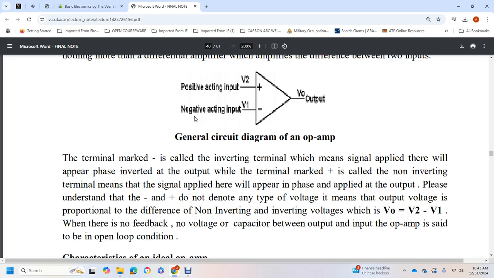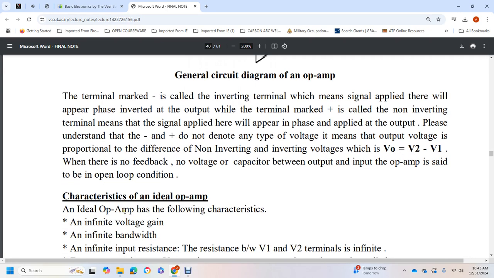Please understand that negative and positive do not denote any type of voltage. The output voltage is proportional to the difference between the non-inverting and inverting voltages, voltage 2 minus voltage 1. With no feedback between the output and input of the operational amplifier, it is said to be in the open loop condition.